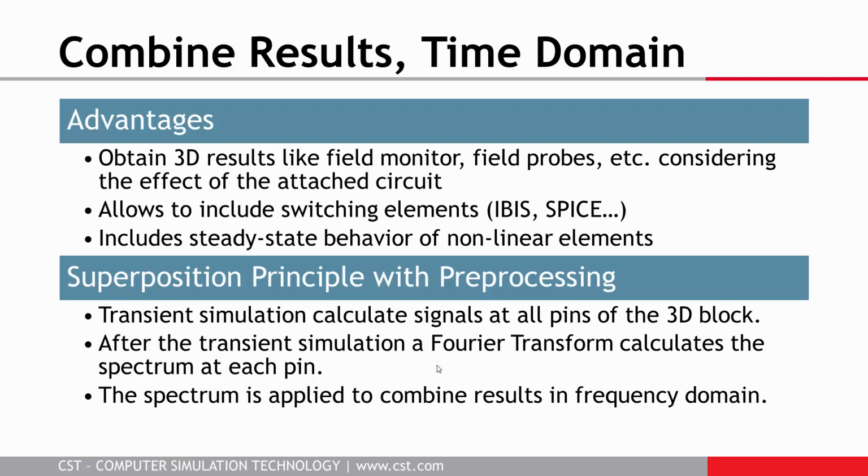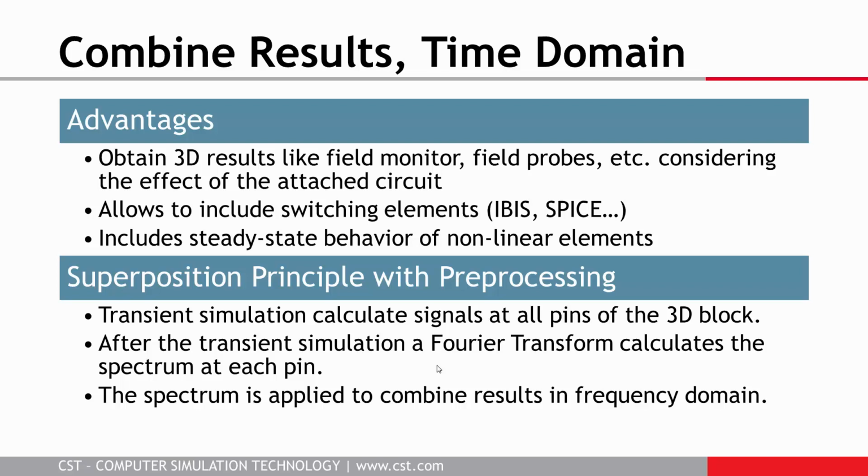So instead of defining the AC task that I did before, I can really define a transient switching task. And what will happen is that once the transient task is finished, the time domain signals are transformed into frequency domain, and they are applied in the same way we did in the combined results in frequency domain. They are recombining, or superpositioning, the results from the 3D model.